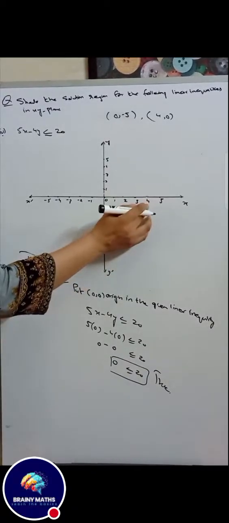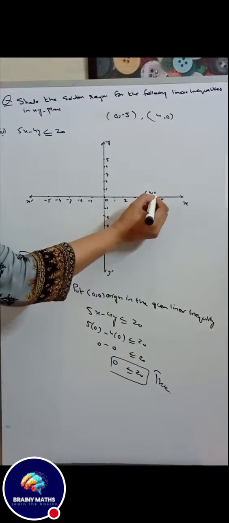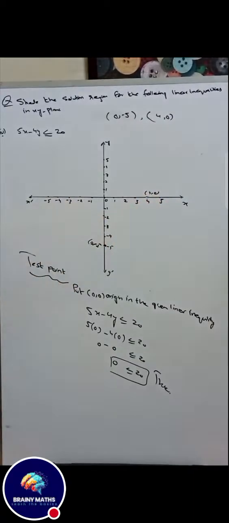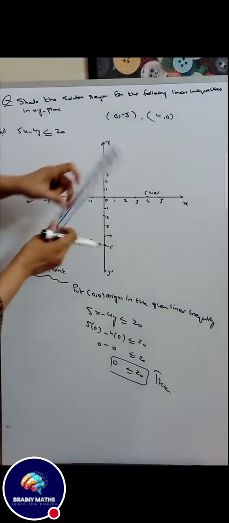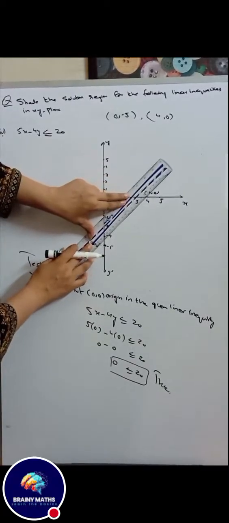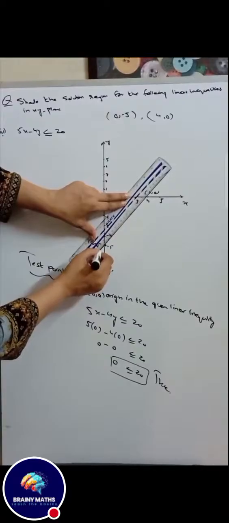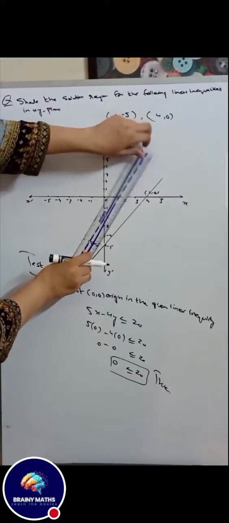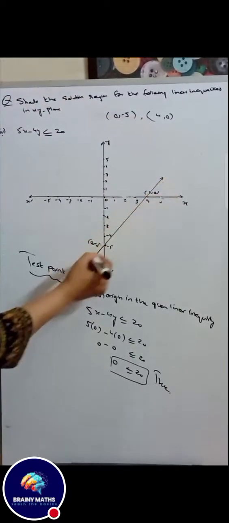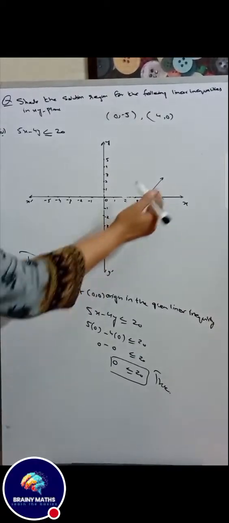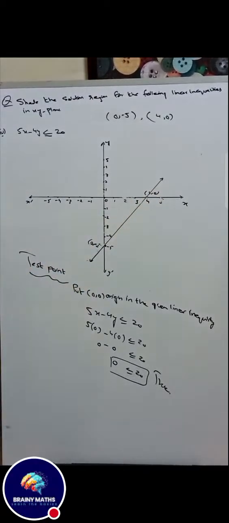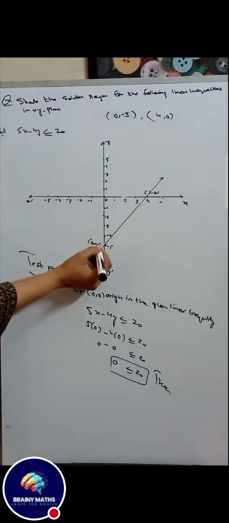Alright? And this point is known as (4, 0). By joining these 2 points, we get a line. Arrow must. This is a line which has 2 points, (4, 0) and (0, -5).